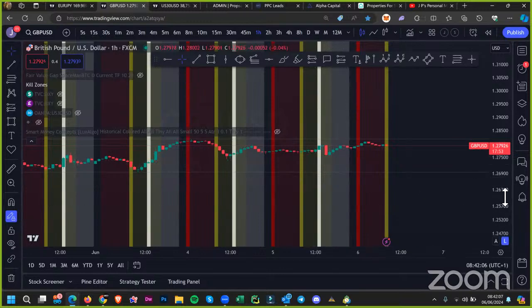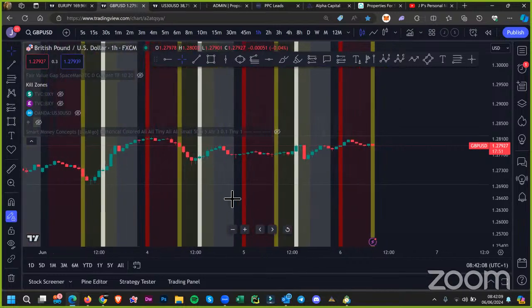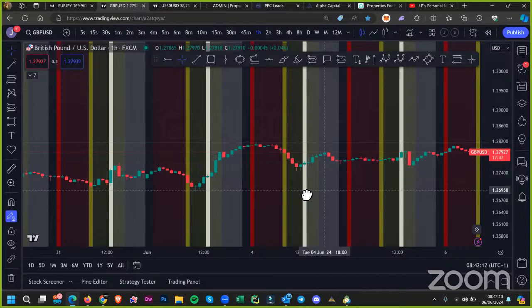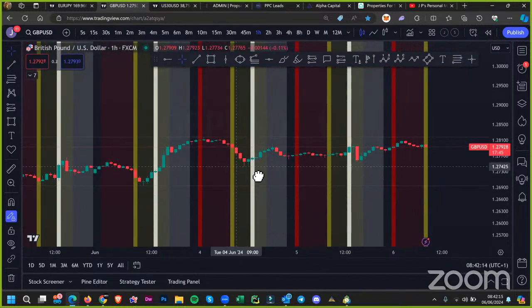So let's explain this for the people that don't understand what I'm talking about. These colors relate to the different sessions that exist in the markets. Now you can see a hard, thick line, and the person that created this indicator wants to identify that hour or so as a kill zone.